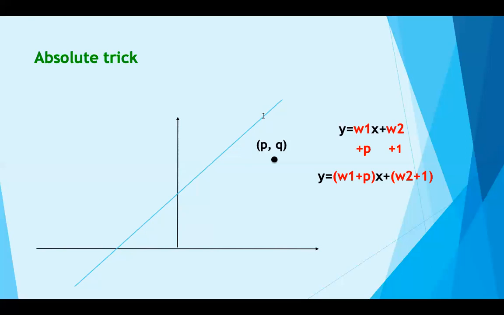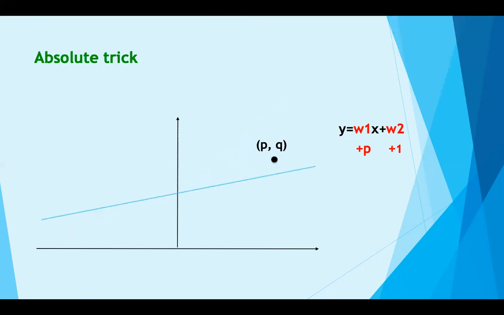In order to take a tiny step, we do the same thing, but multiply everything by a small number called the learning rate. Let's say alpha. Instead of adding 1 to the y-intercept and p to the slope, we add alpha times 1 to the y-intercept and alpha times p to the slope.